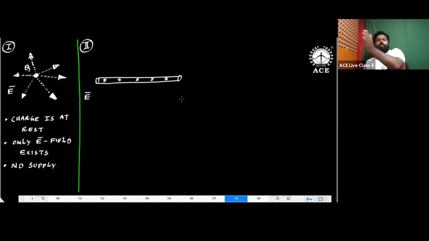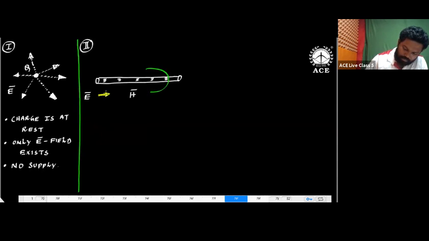So when the charges start moving, they are covering equal distances in equal intervals of time. There exists what is called a magnetic field around it. So this electric field is giving a magnetic field. Both electric and magnetic fields exist, but there is no EM phenomena.